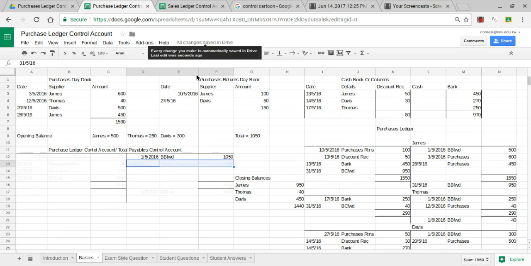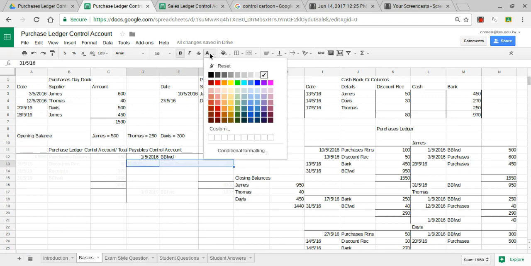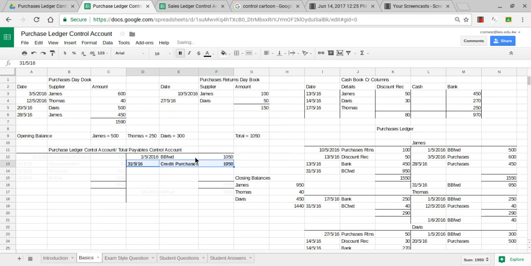So the total of all the purchases from the purchases daybook is $1,590. What I've done, I've linked them all together, so it should be there.